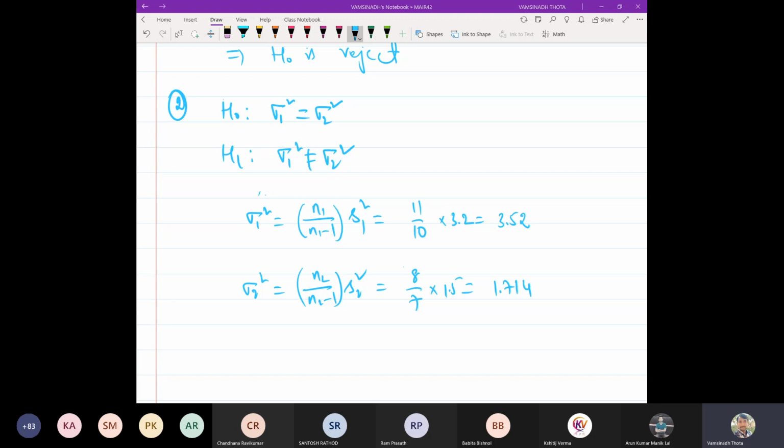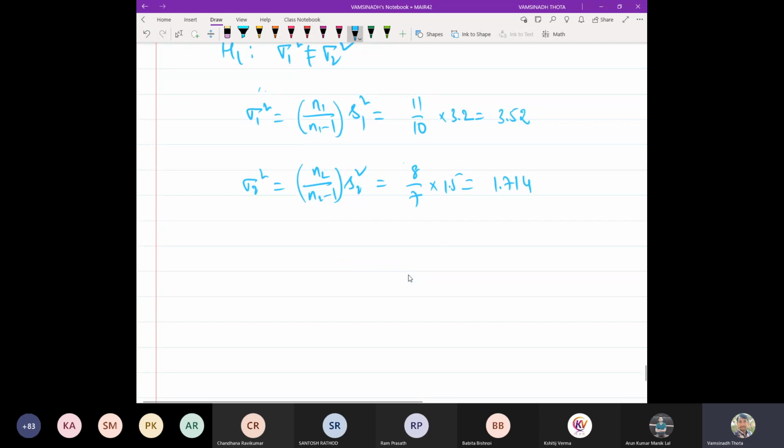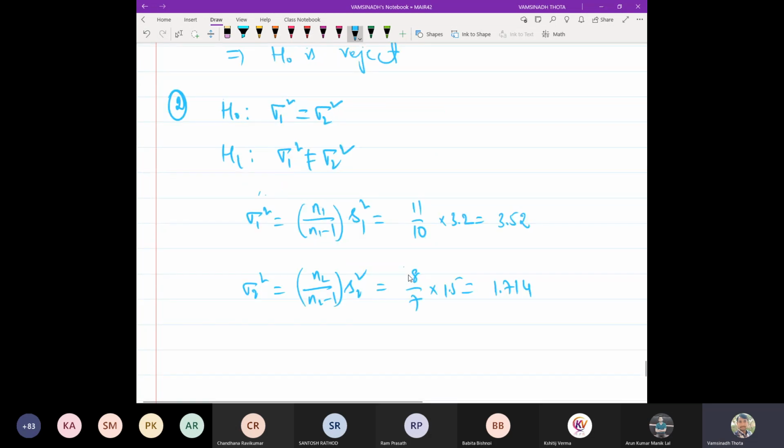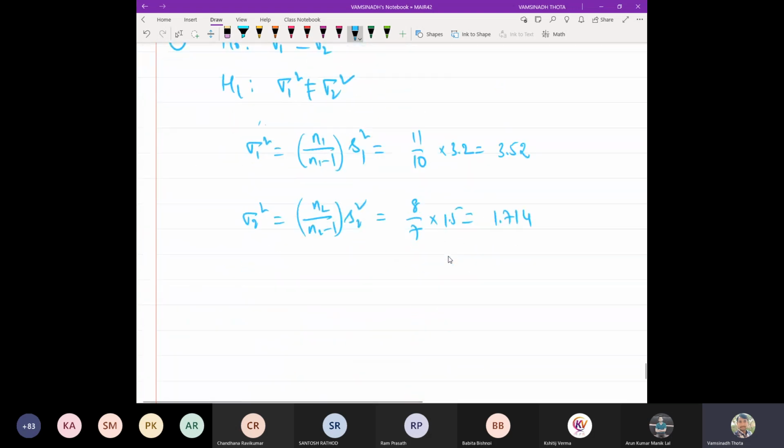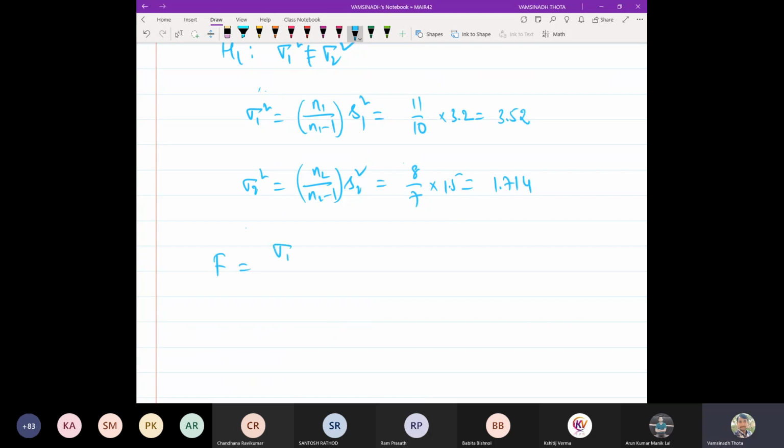Now, yesterday while discussing the F-test, we have seen the test statistic F can be taken as sigma 1 square upon sigma 2 square, or it can also be sigma 2 square upon sigma 1 square.